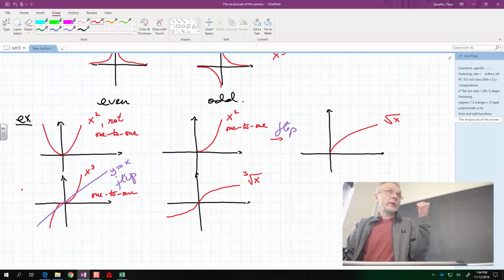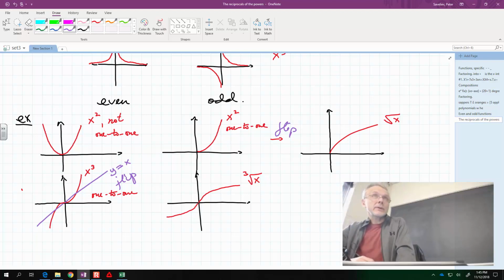What's good about it? Yes, it is 1-to-1, but that's not what I'm asking about. The symmetry. What's the symmetry of the second function?